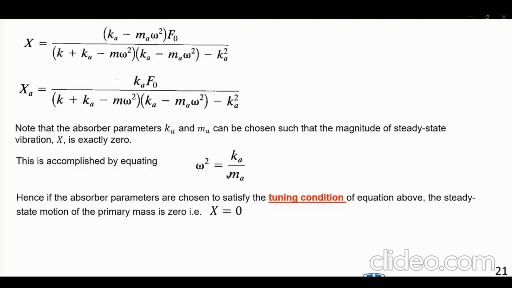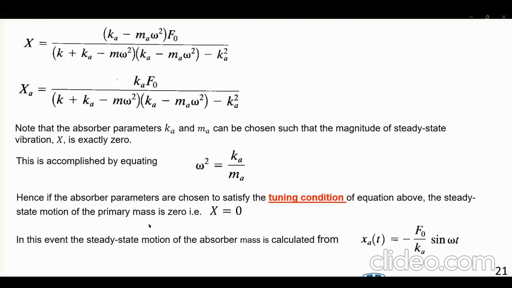You tune the system. Select the Ka and Ma at the design stage so that it actually makes this thing zero. So it's a tuning condition which works okay for machines or vibration systems where the frequency does not change a lot, and you know what that frequency is.